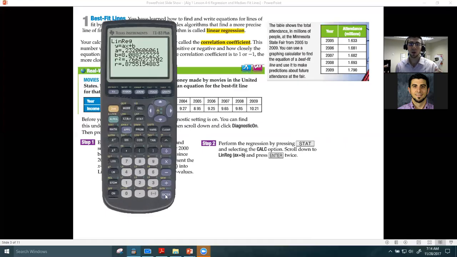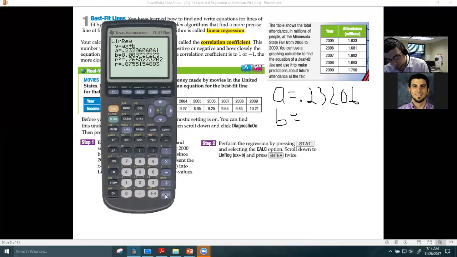Okay, so A stands for the slope. So A is 0.23206, and B is the y-intercept, so that's 8.08872.